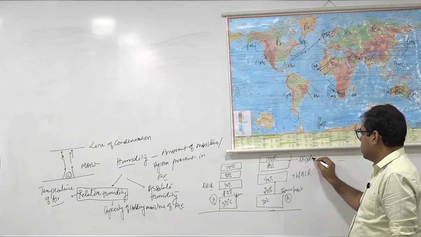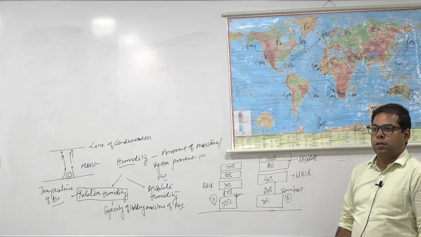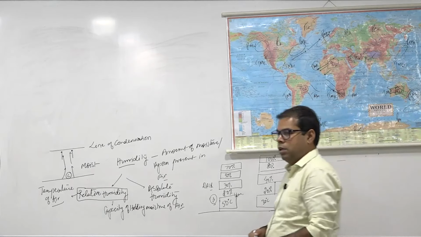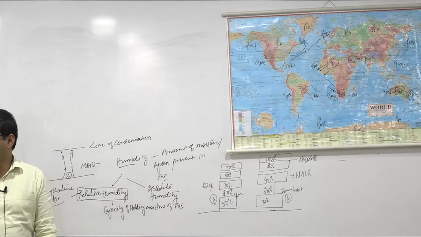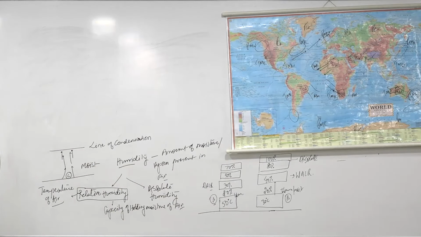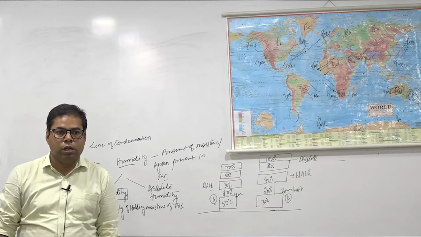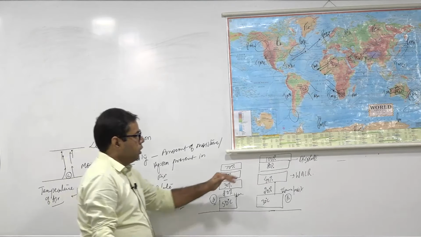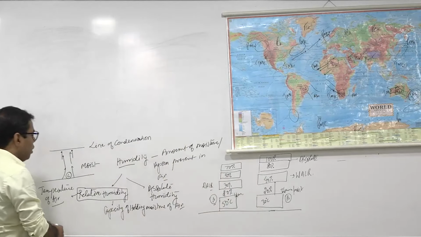This is absolute humidity. Right? Moisture holding capacity and the amount of moisture in the air reach the absolute humidity. Right? Now the air has been pushed to rise beyond the point.